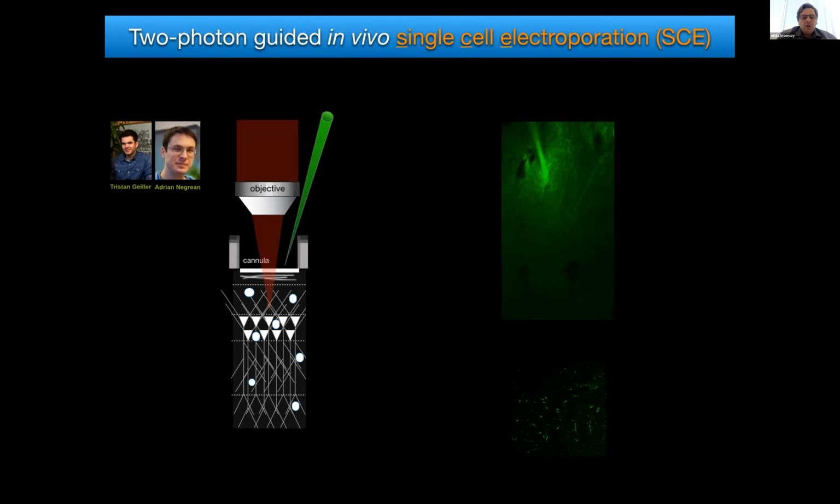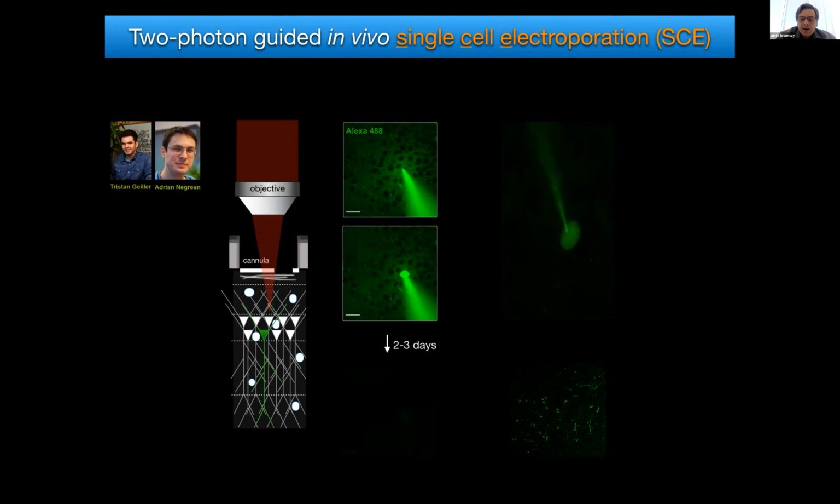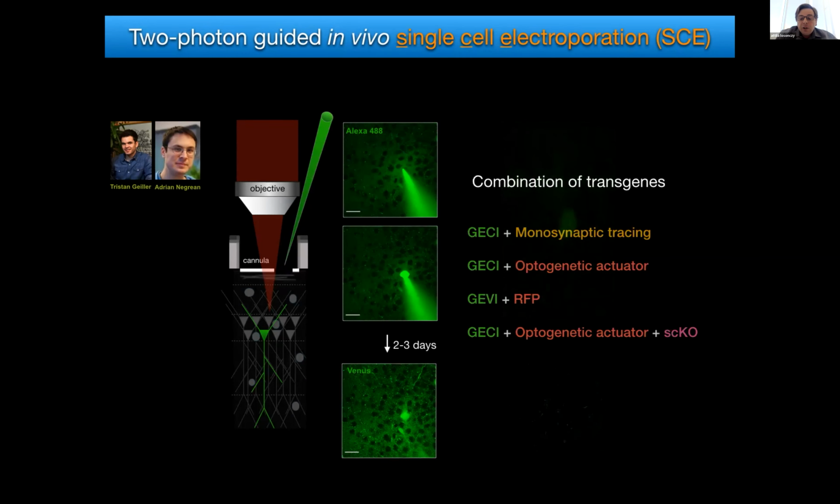This procedure allows permanent plasmid-driven expression in individual hippocampal neurons with a controlled combination of transgenes, which are then stably expressed a few days after the electroporation. These transgenes can be genetically encoded calcium or voltage indicators, factors for monosynaptic tracing, optogenetic actuators, or recombinases to induce targeted gene deletions in single cells.